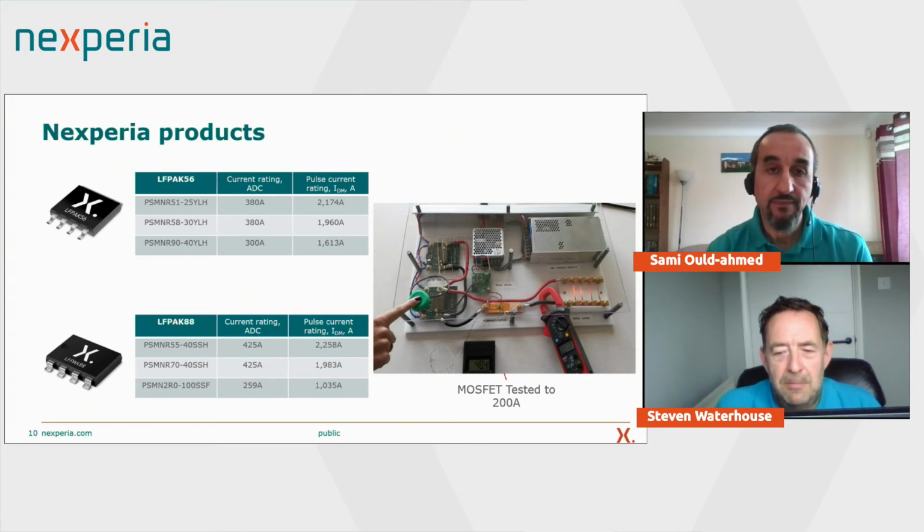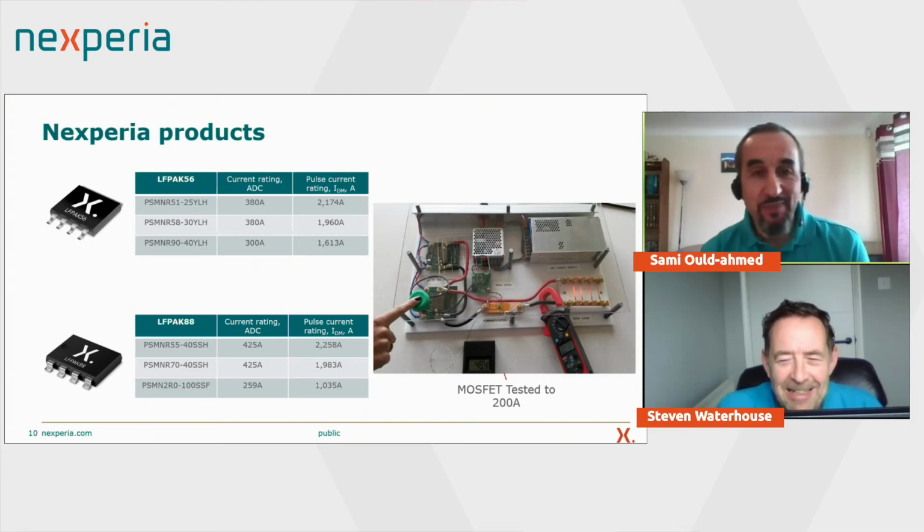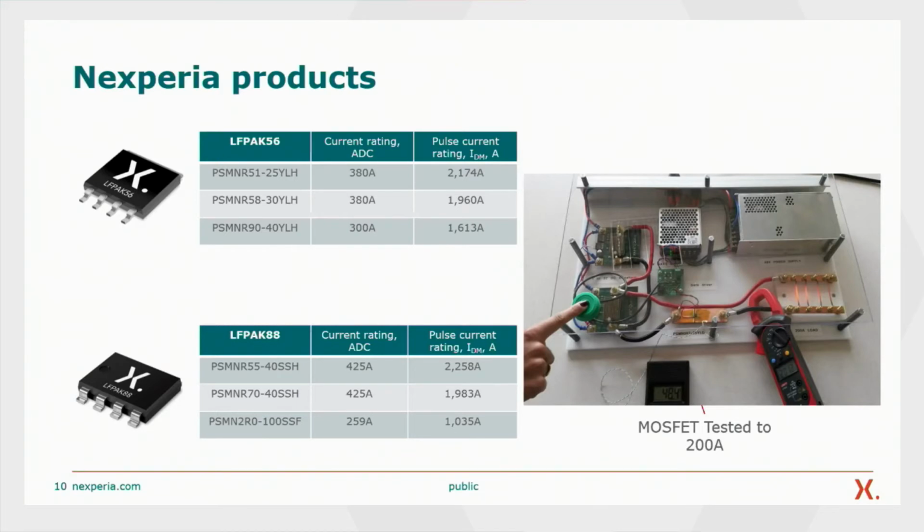Okay, thank you, Sammy. The next question is: is there a time limit to handling a high current? I can also answer that one, Stephen. Basically, the limits that we give here are DC, meaning it's continuous, but the conditions have to be fulfilled.